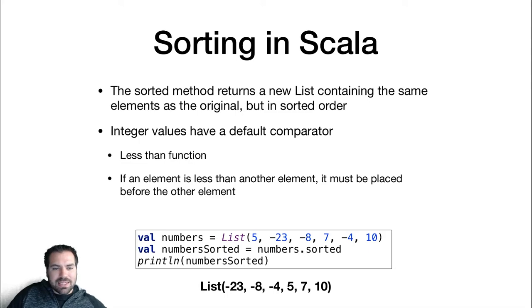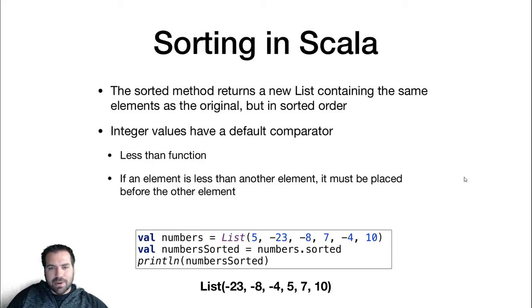We can think of this as having a default comparator that is the less than function. To compare 2 elements to decide how they are ordered relative to each other, we call the less than function. So is -23 less than -8? Yes. So -23 comes before -8. That's how we can determine this order, by using that less than function as our comparator.